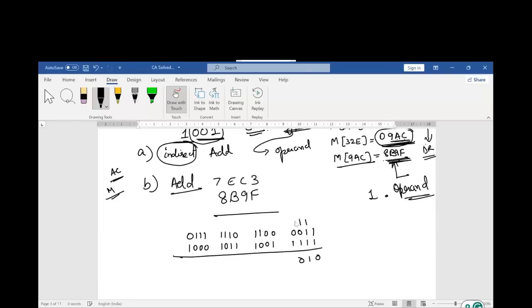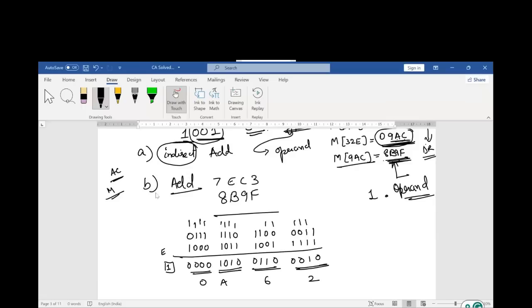I hope you know addition now, so I will not be explaining it. The answer is 0A62. So for the second part, the first answer was that an indirect add instruction would be executed.